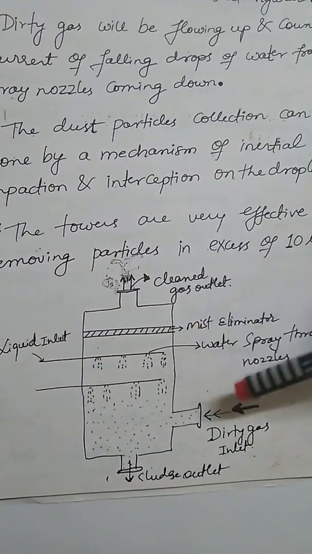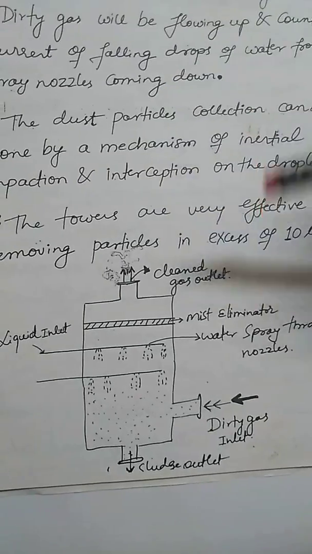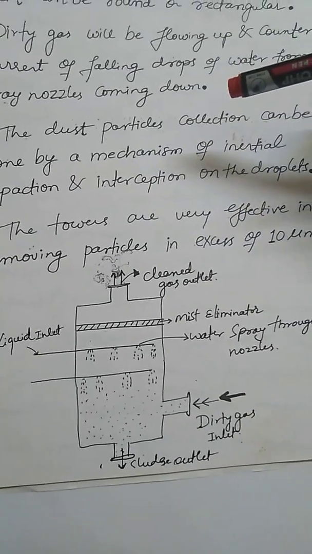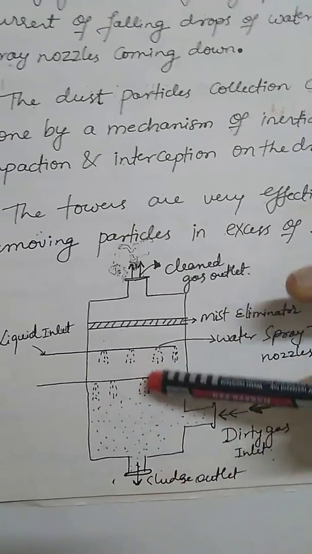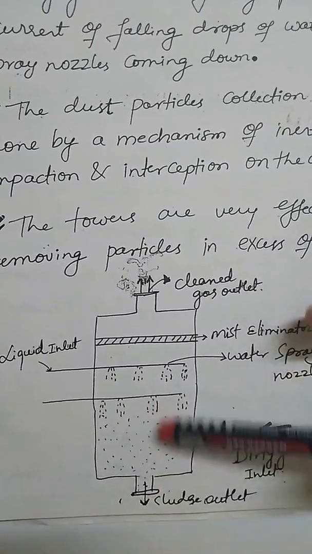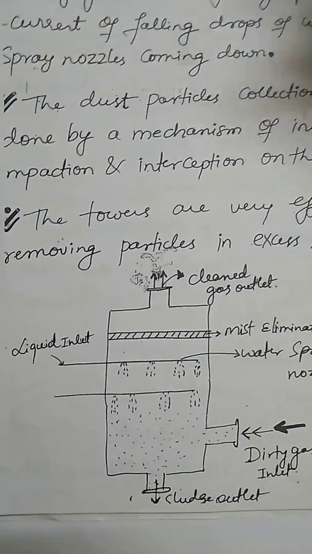When the dust particles pass through the water media, they are attracted towards that water media, and the water media will remove these suspended particles. So this is the main concept behind these scrubbers.